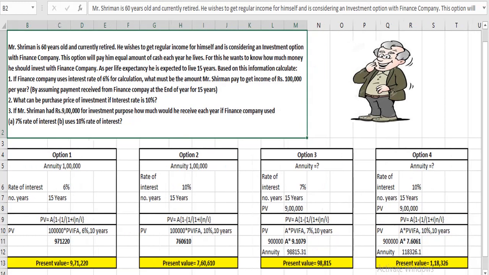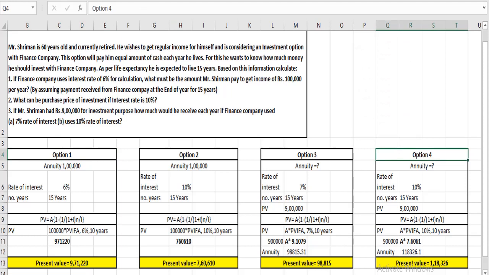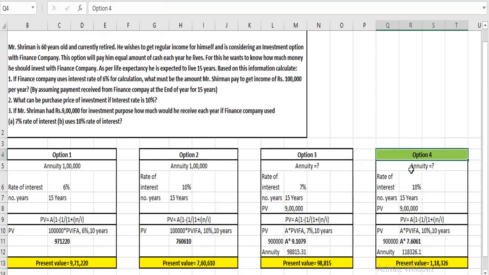So this is the case of the different investment alternatives available, and out of all these 4 alternatives, alternative number 4 is desirable because by depositing 9 lakh, Mr. Shriman can generate a yearly income of 1,18,000, which is more compared to options 1, 2 and 3. In options 1 and 2 the income will be 1 lakh and 1 lakh.